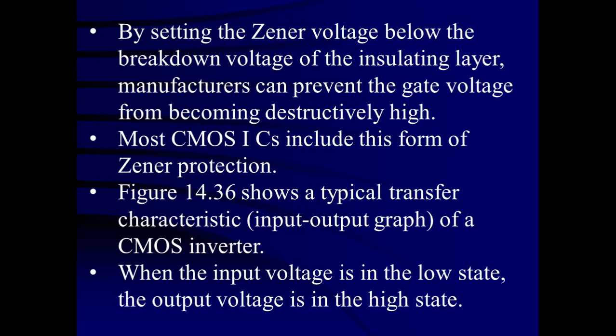If you have a CMOS inverter, inverter means NOT gate, the upper one is a P-channel MOSFET and the lower is an N-channel MOSFET, connected between VCC and ground. The common drain is the output and the common gate is the input.